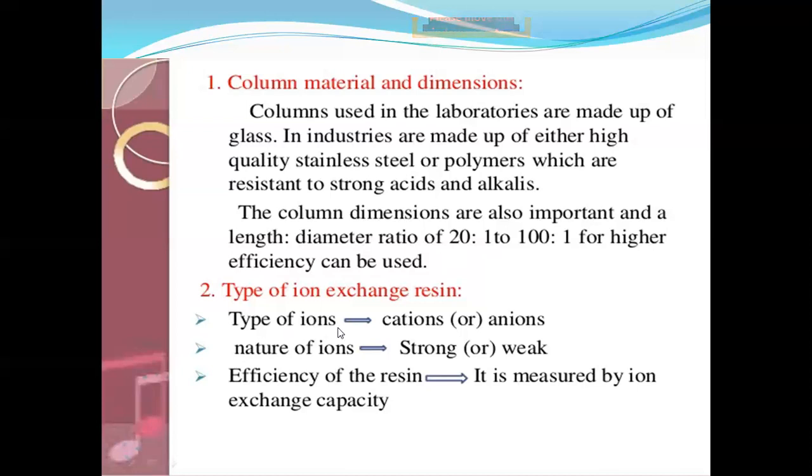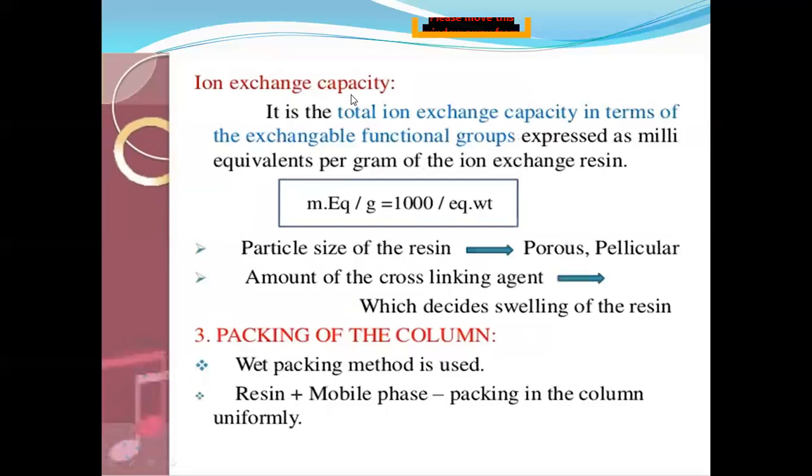The type of ions to be exchanged, cations or anions, and the nature of the ions, whether they are strong or weak. Next, the efficiency of the resin, which generally depends on the material and the size of the material of which the ion exchange resin is made. Next, ion exchange capacity.